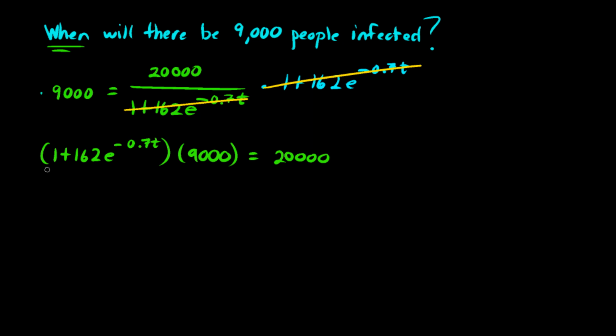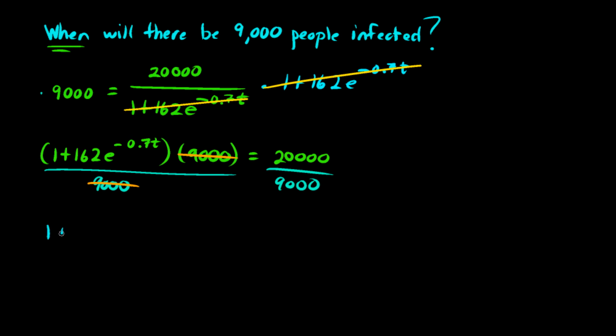So now we want to divide both sides by 9,000, and that cancels 9,000 on the left. What we're working toward is this e to this power, because that's the base, that's the power. You want to isolate that, and then you can take the logarithm of both sides and then work with it that way.